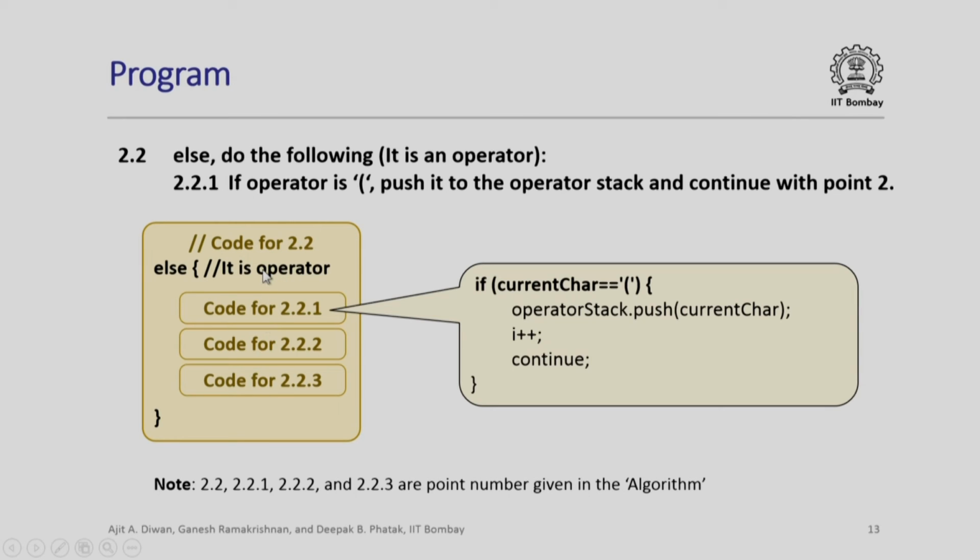Now, if it is an operator, we have to do a variety of things. This 2.2.1 is if the current char is an opening parenthesis, then operator stack dot push current char means it will push it onto the stack and increment i. Continue means go to the next iteration corresponding to i. So, this is again a simple functionality.